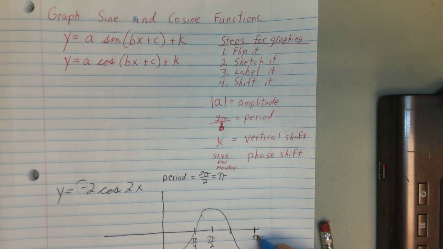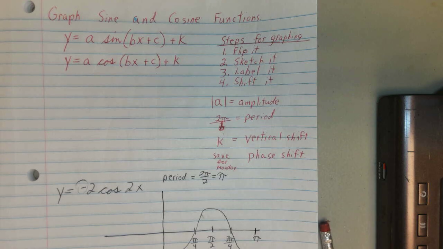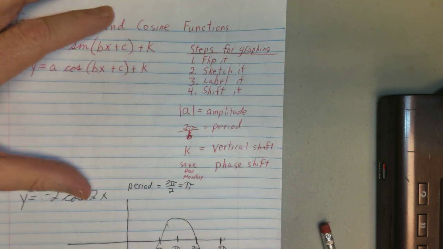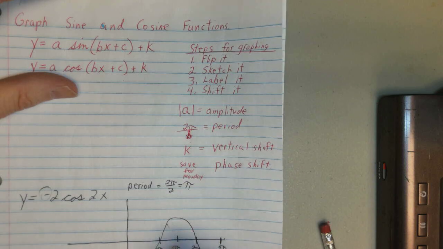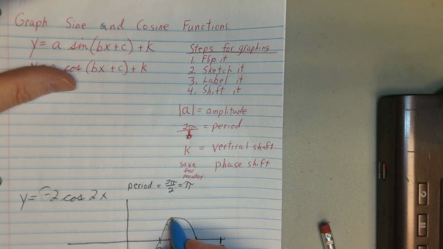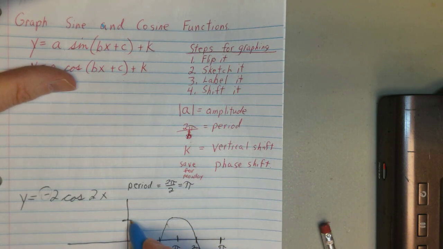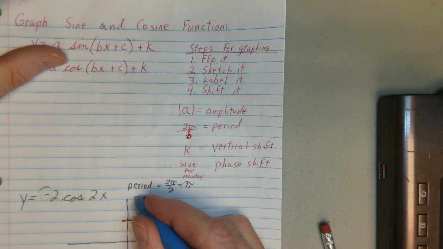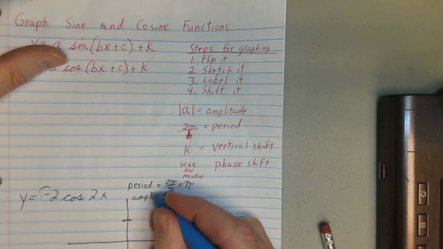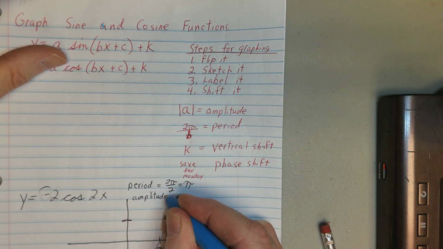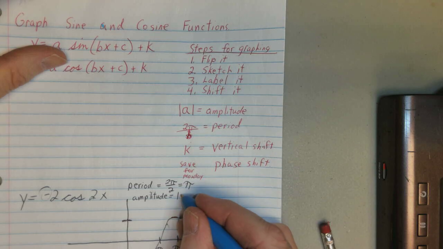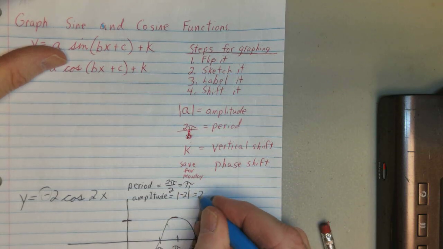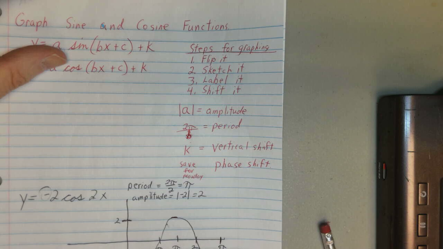And halfway between a half and a whole is 3/4, so 3 pi over 4. I've labeled it. Then I'm going to identify the amplitude, which is equal to the absolute value of -2, which is 2. So this is 2 here, and down here is -2.